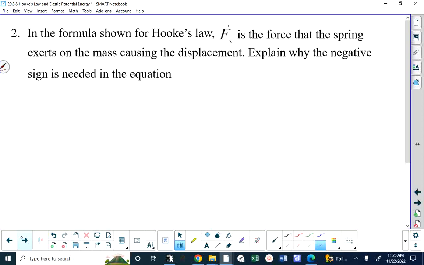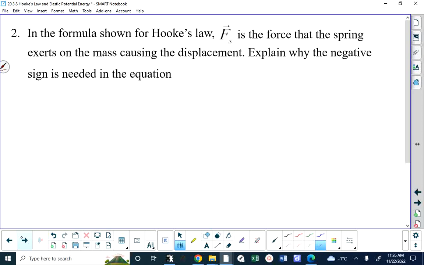In what direction is the displacement? Towards the floor. In what direction is the spring pulling on the mass? Towards the ceiling. So these two vectors are in opposite directions.